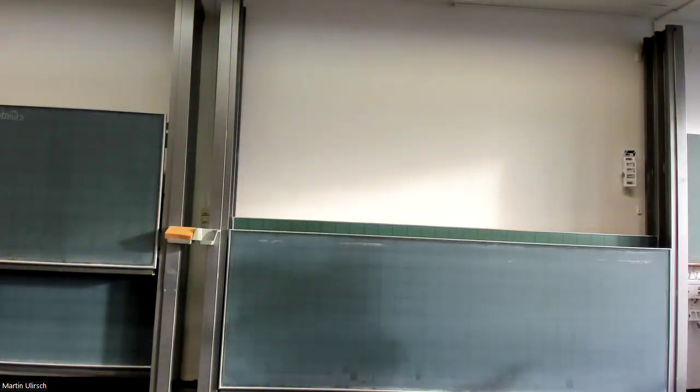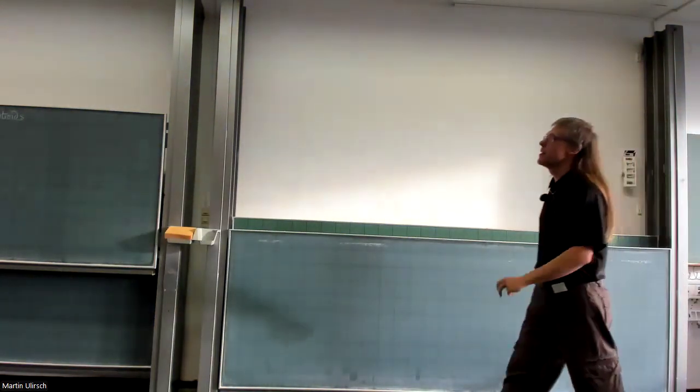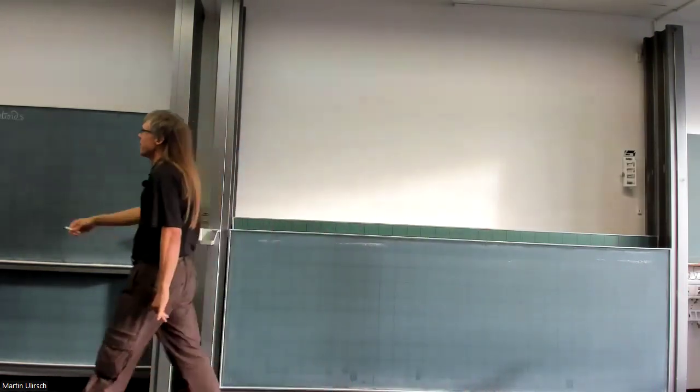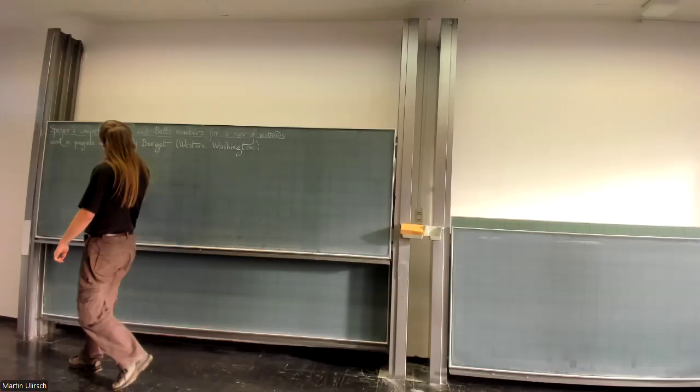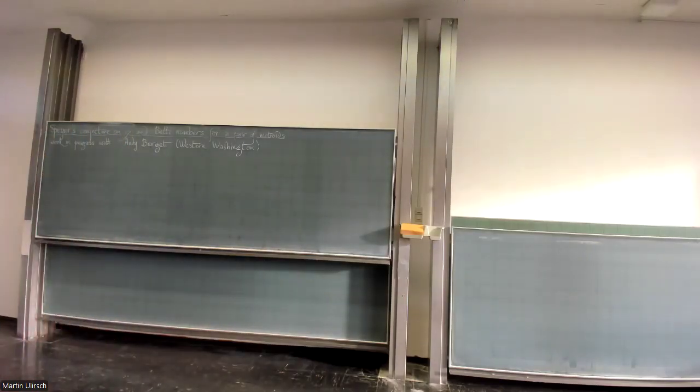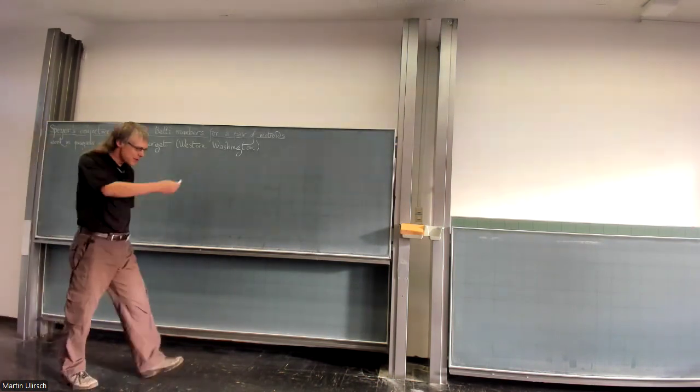So yeah, I am here to talk about some work of mine with Andy Burgett on Speyer's conjecture, which sprang from his investigations of tropical linear spaces. Tropical linear spaces maybe being one of the core examples in my mind of this theme of geometry without geometry. Probably in this room, tropical geometry is a familiar beast.